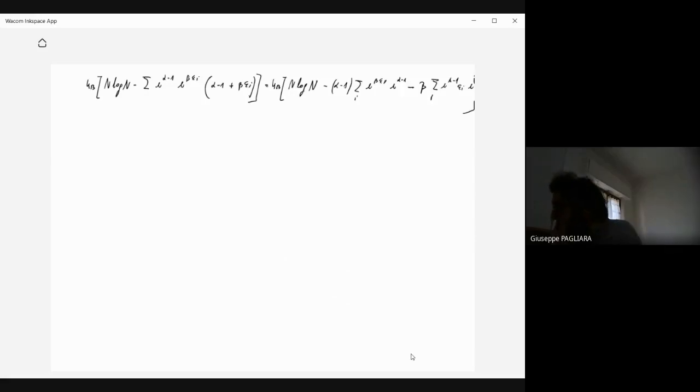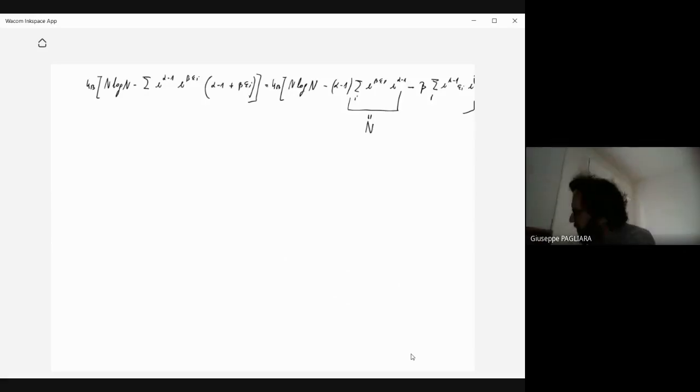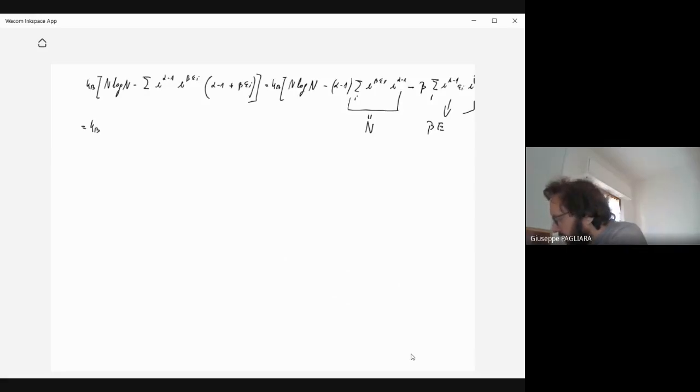Now, what to do? Okay, so here this is n, because it's the sum over the Ni, so this is just n, whereas this is energy, so this is beta times energy. So therefore I have Kb, then I have n log n.